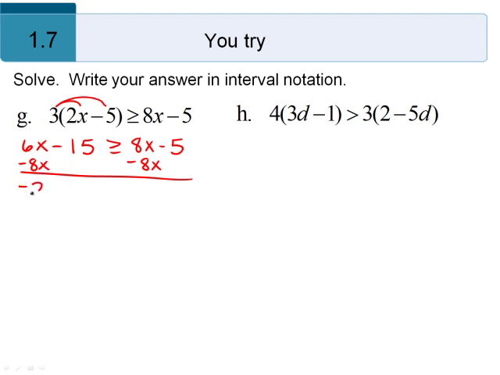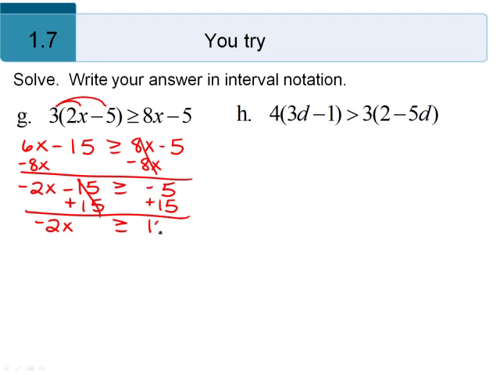So that's negative 2x minus 15 is greater than or equal to negative 5. Now get rid of the constant, add 15. Okay, so negative 2x comes down, and it's greater than or equal to 10, because that's a negative 5.